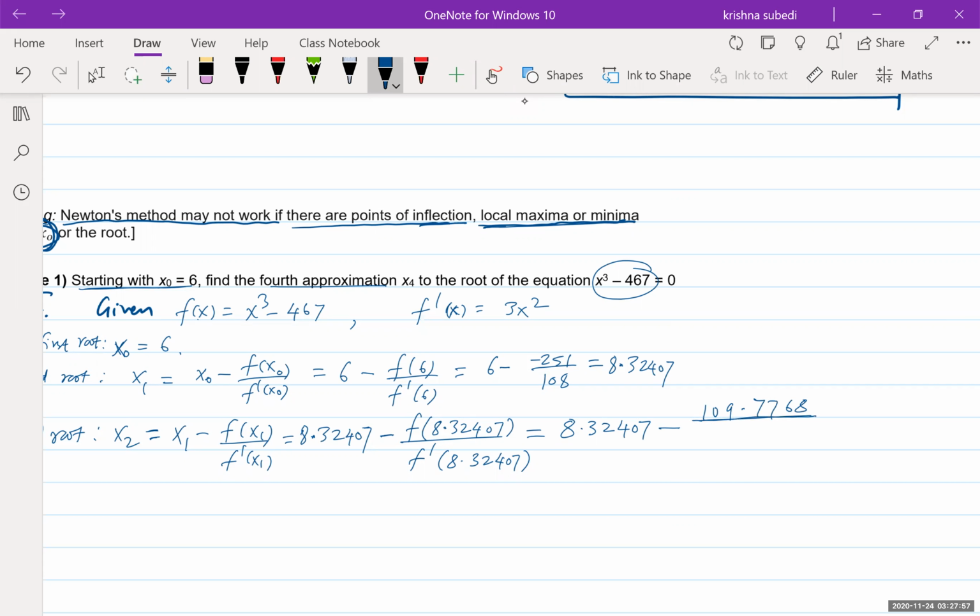And when I plug in this value 8.32407 in my derivative function, my calculator is giving me 207.8706 approximately.